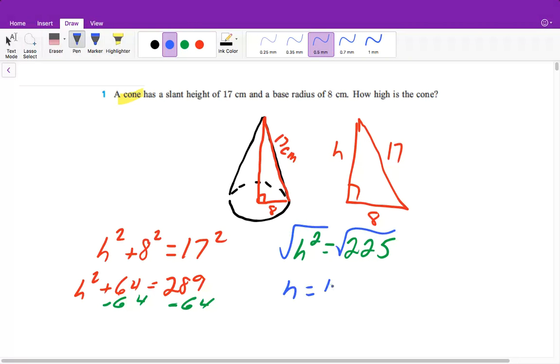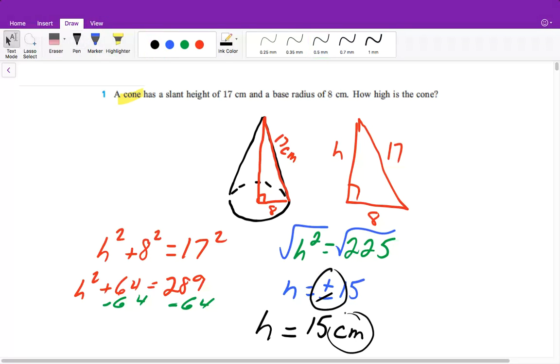So h is equal to plus or minus, because it's some number squared is equal to 225, so it's equal to 15. And then we will reject the negative because since we're dealing with distance, we can only have a positive distance. So h is equal to 15. And don't forget your units. Remember, this is worth a point and this is worth a point. If you do not put it, you will lose a point.